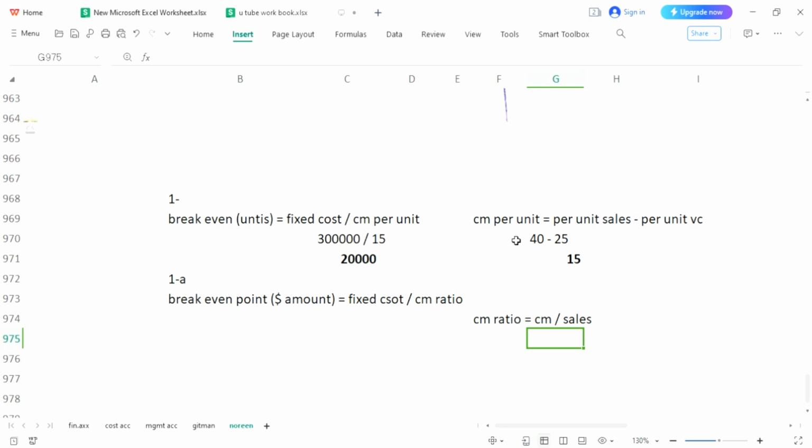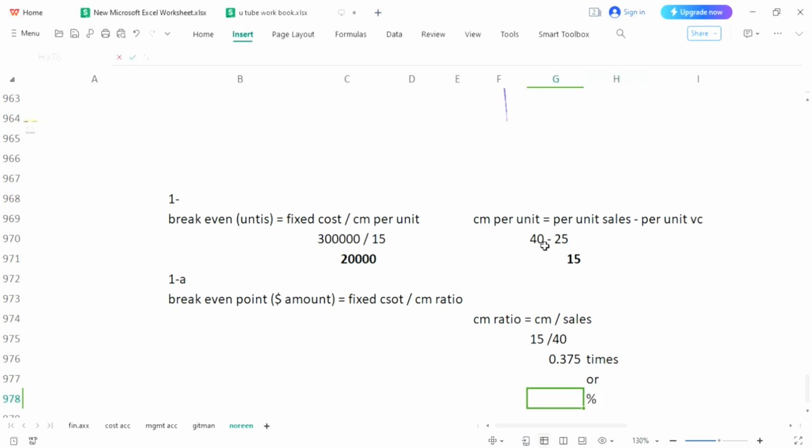CM per unit we have calculated over here, that is 15, put directly over here, and then per unit sale price is also given, 40. So you can put it over here, statement completed. Now you can calculate 15 divided by 40. So we have got 0.375. Either you can put 0.375 directly and write it as times, or you can write this answer in terms of percentage.